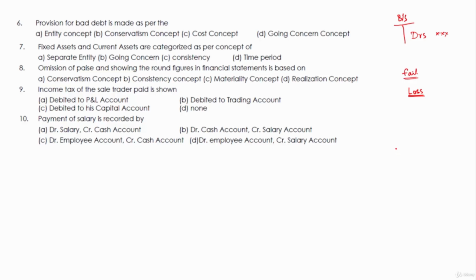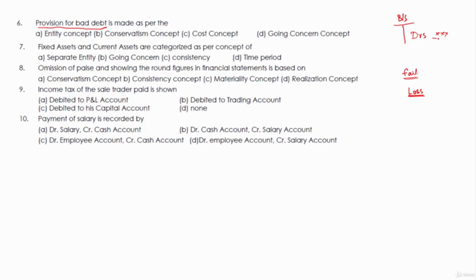Provision for bad debts is also something where you are anticipating a loss and you don't want to account for it only when it happens, because already you know that it is likely to happen. So you want to be very conservative when you prepare your financial statements.